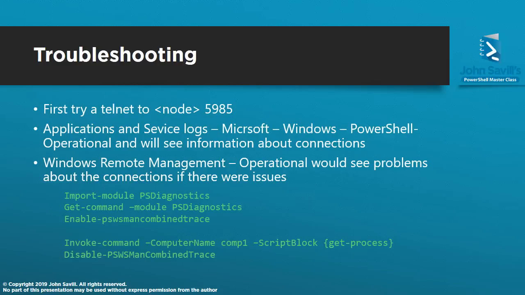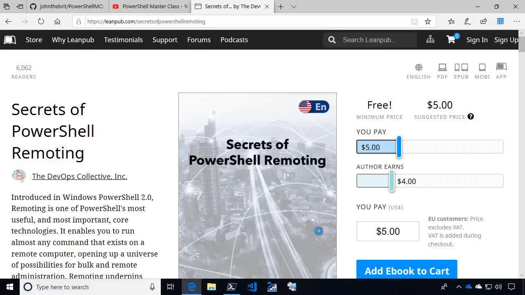And what I would actually recommend at this point is there's a phenomenal ebook, Secrets of PowerShell Remoting. It's $5. You can actually get it free. There's a recommended amount, and you should kind of pay for these things. The authors spend a lot of time on these resources. So you can see it's leanpub.com, Secrets of PowerShell Remoting. I linked to it.